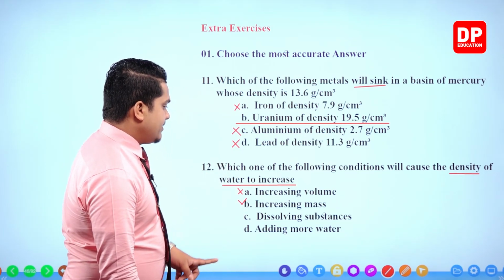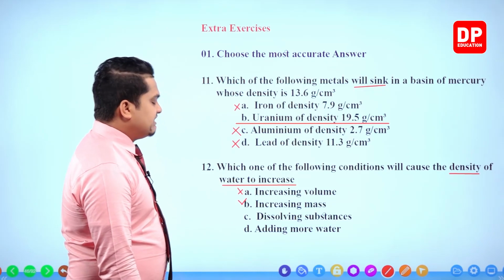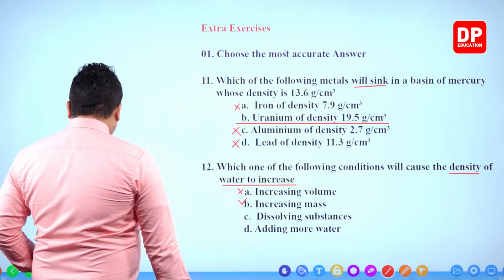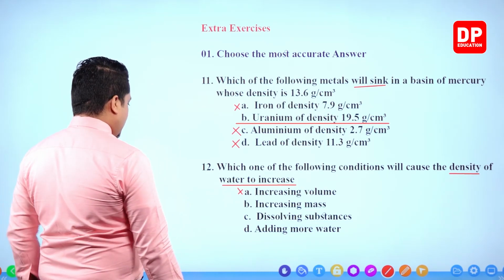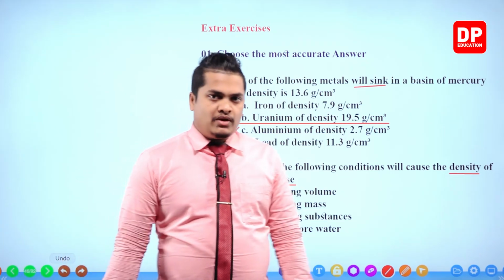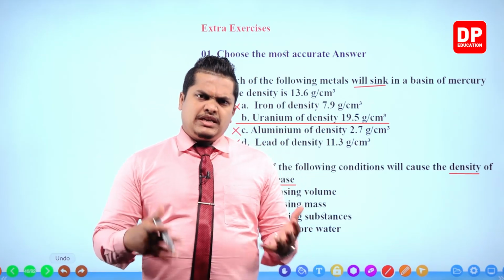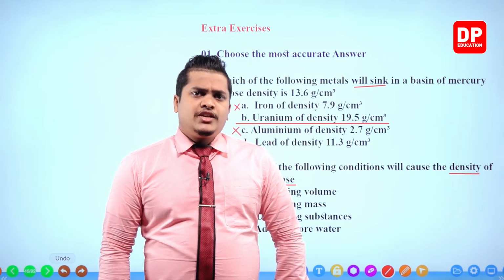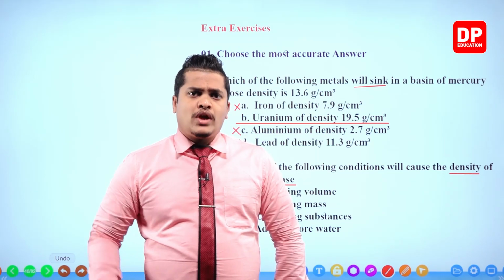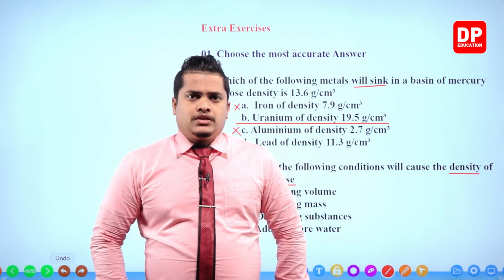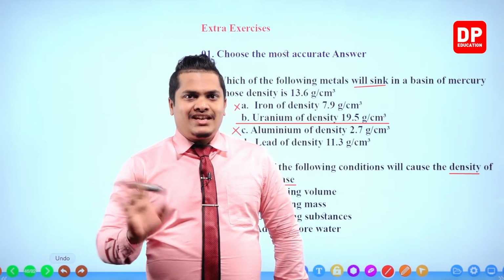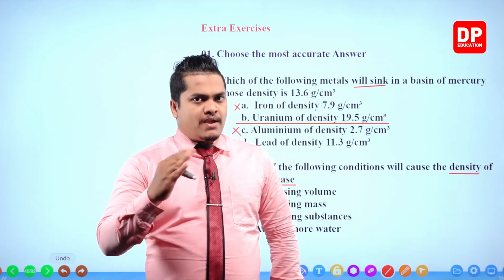Dissolving substances adds more water. The thing is, my dear children, if you take a sample of water, how can you increase the mass of water? In order to increase the mass of water, you have to add more water. So when adding more water, density is never going to change. Can you remember the activity?